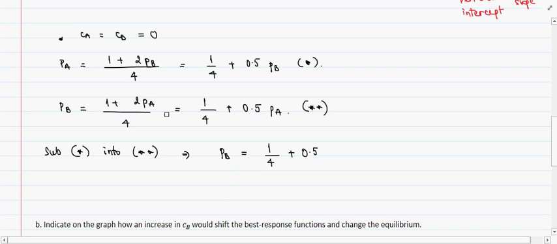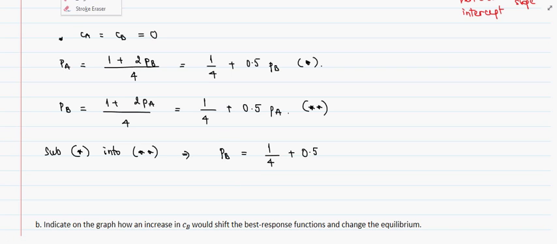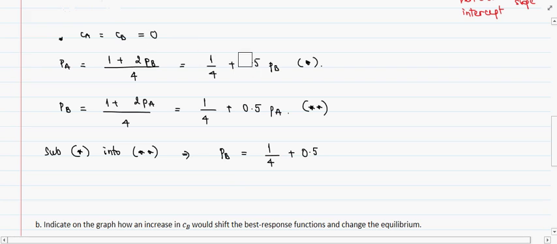Maybe I'll leave it as a half, just to be consistent. So 1 on 4 plus a half of PA, and I know that PA is just equal to this from the one star equation. So I'll just substitute it here: 1 on 4 plus half of PB.